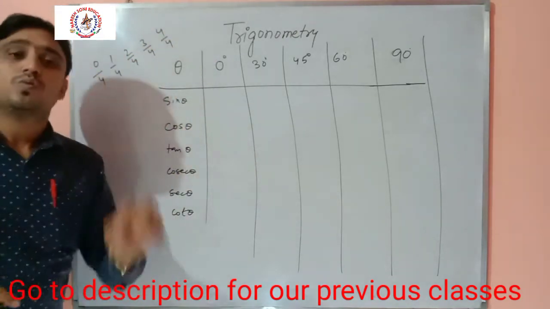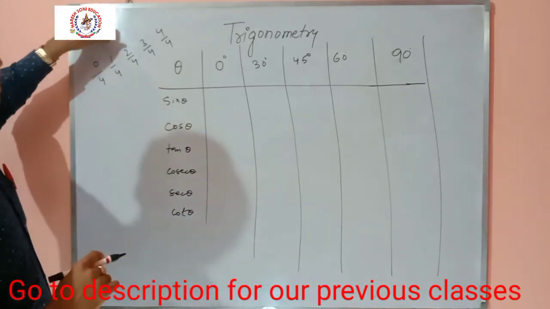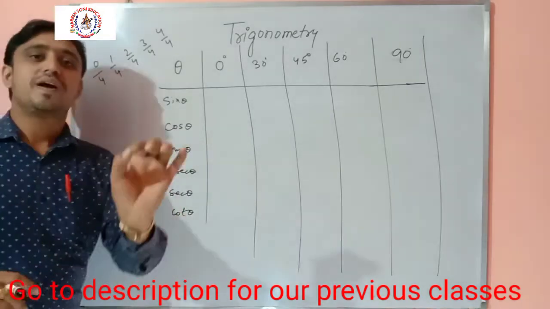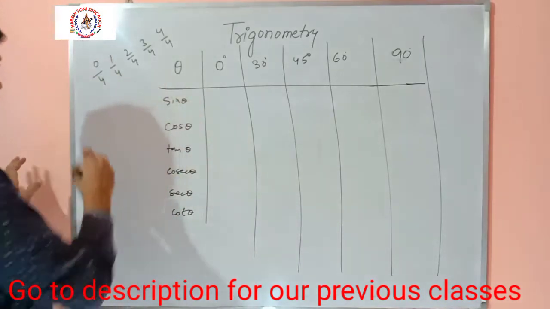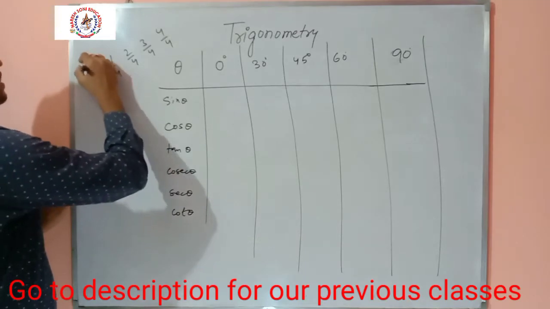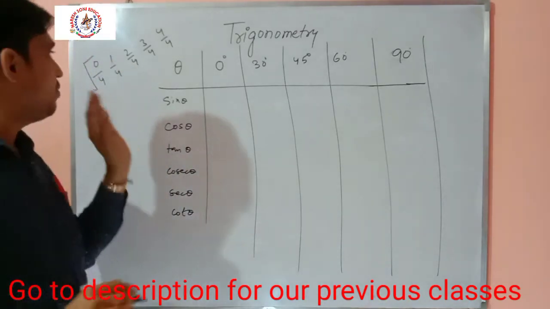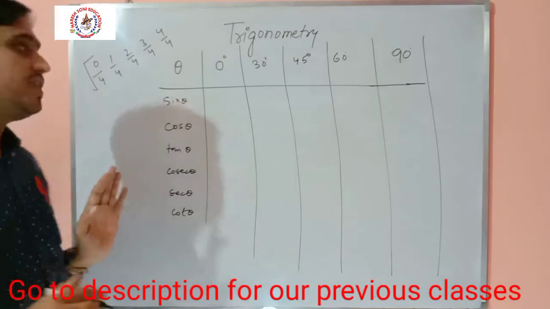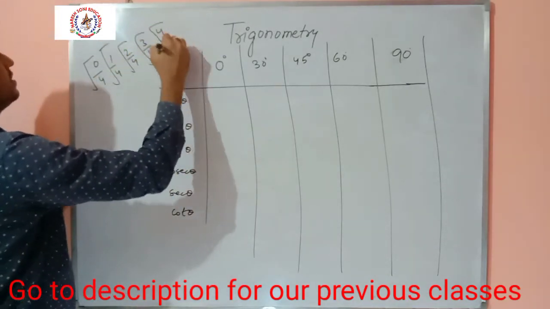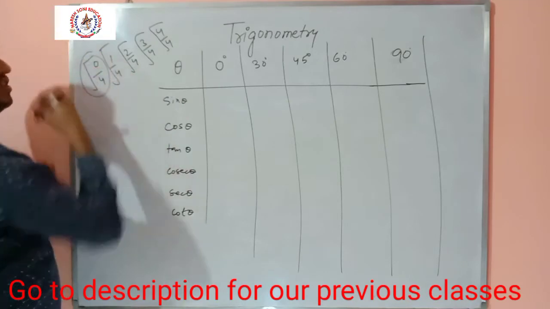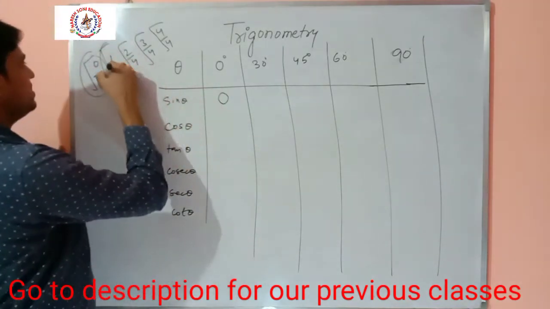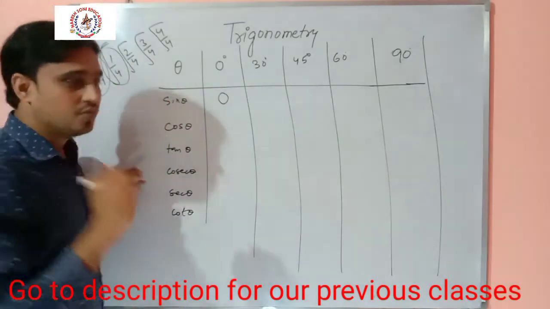After that, find the square root of all these values. This one is 0, so just write 0. This one is 1 by 2.